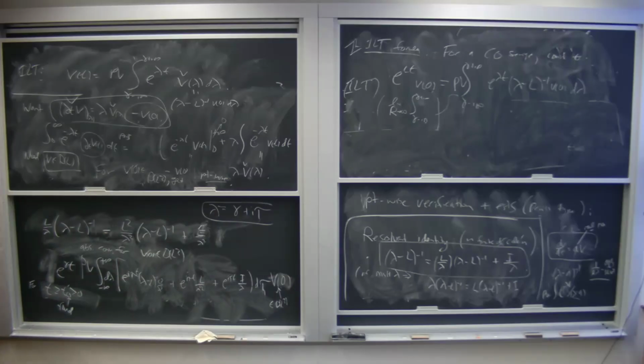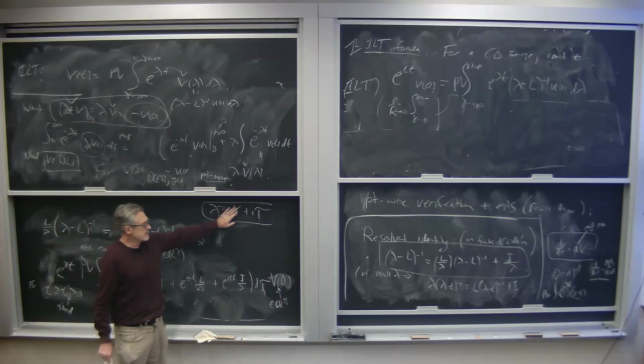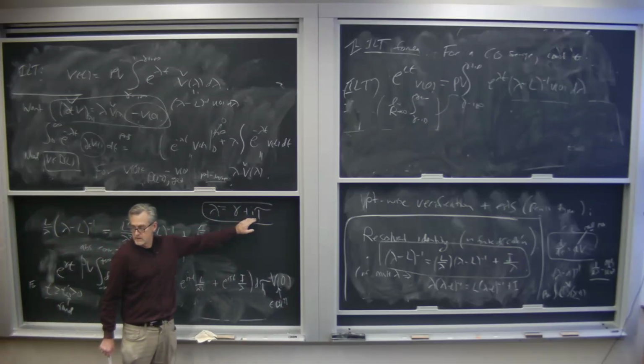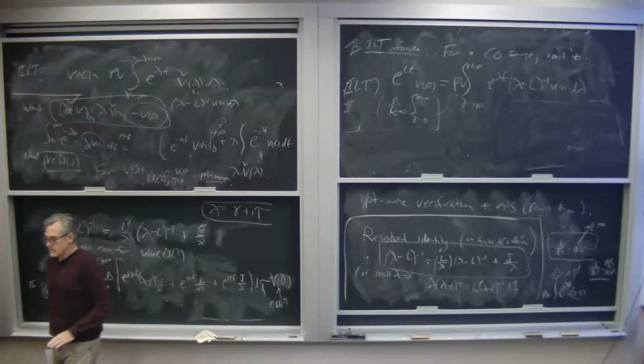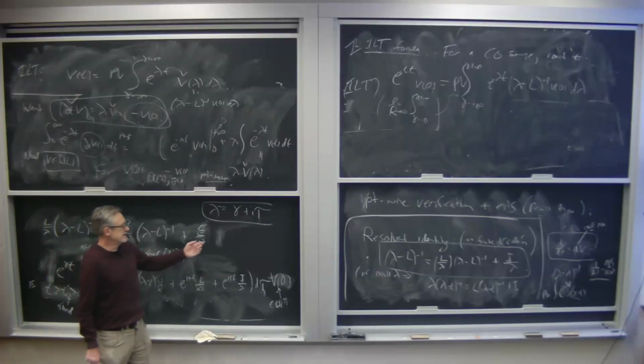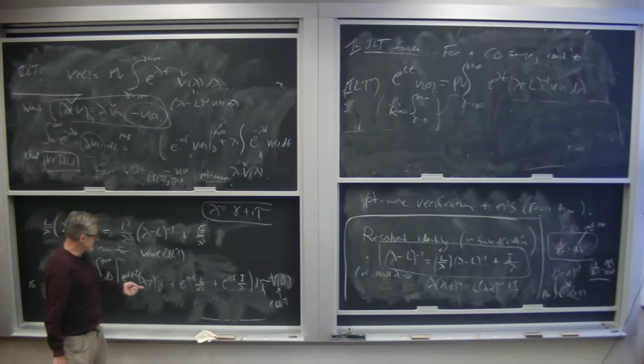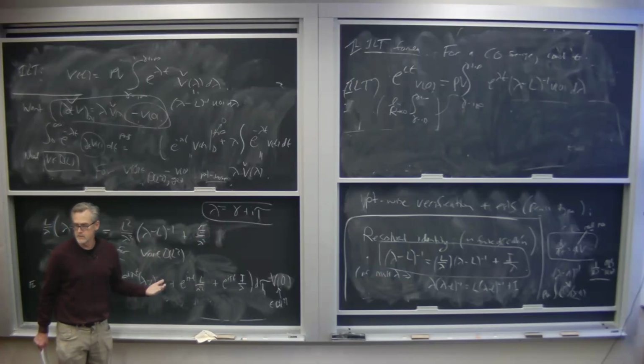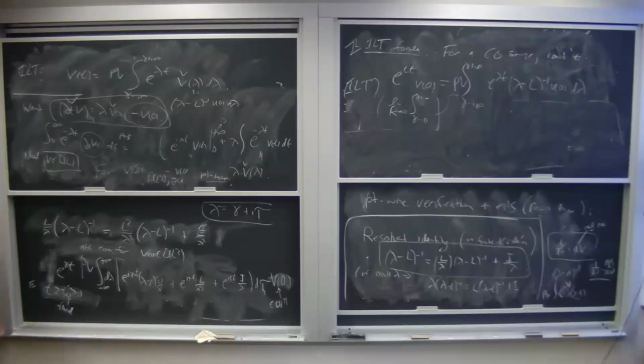And then you gain by having the lambda downstairs. Yes, I gain convergence, because lambda is gamma, which is bounded, plus i tau. So it's basically of size, if I have 1 over lambda squared, that's of size better than tau squared, like 1 plus tau squared, and that's fine.